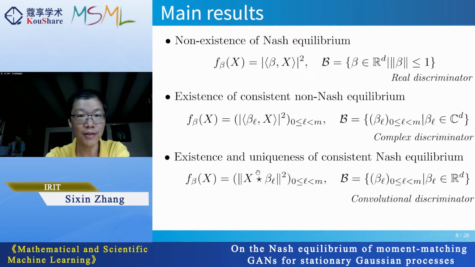And finally, there's an interesting convolutional case where we can establish existence and uniqueness of a consistent Nash equilibrium. The uniqueness means, because we are not in a convex-concave problem, that for each equilibrium we are trying to say that it is a consistent Nash equilibrium, and in this sense, it is unique.